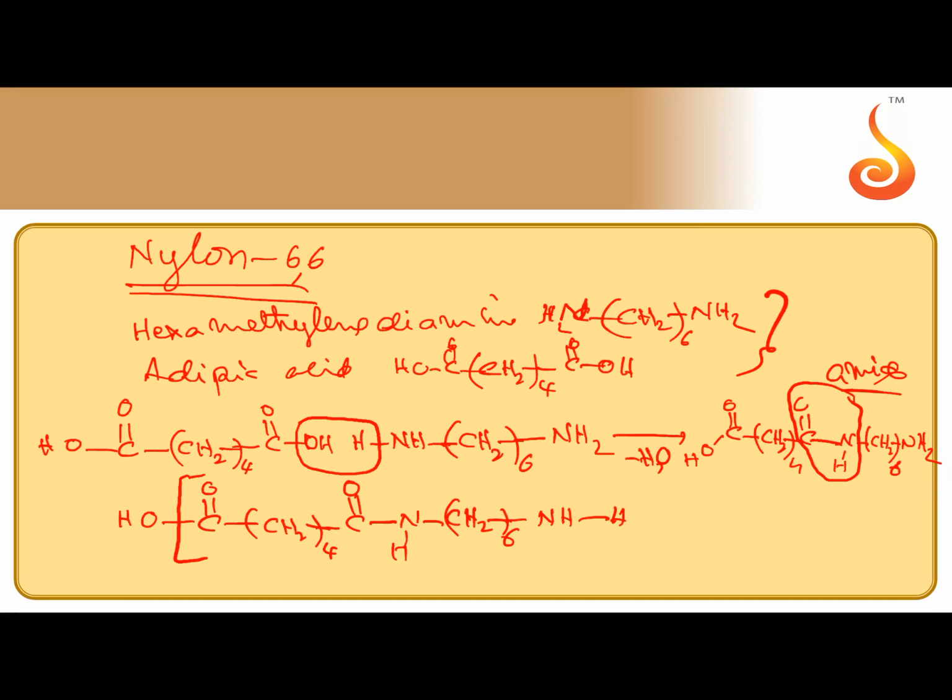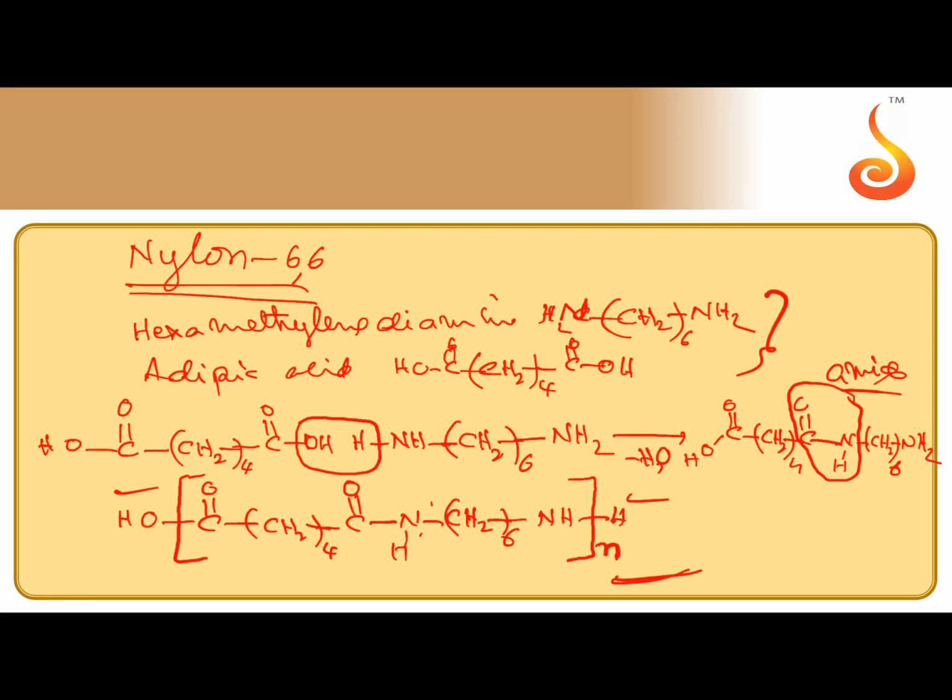So OH comes from COOH. That's why you keep the OH of the terminal one outside of the square bracket. From NH2 you keep the hydrogen outside of the square bracket. So H and OH, they get converted into H2O. That's why this is repeating unit. It is repeated n times. So this is the method to write the repeating unit in polyamides. This is amide bond. N number of amide bonds are there. That's why it is called polyamide. And the previous one is polyester.